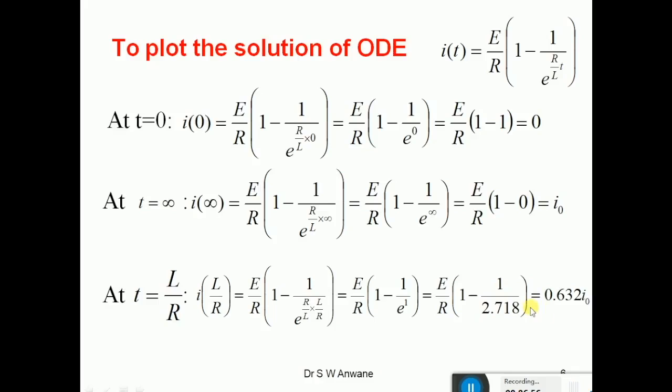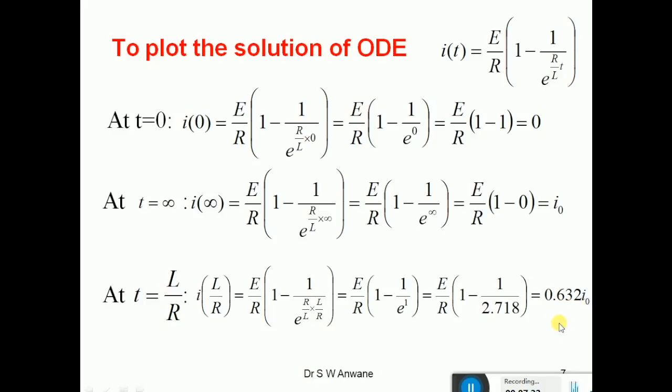So we get 0.632 I0. That is the value at t equal to L upon R, which is called the LR time constant of the circuit, and that defines the time in which current rises to 63.2% of its maximum value.